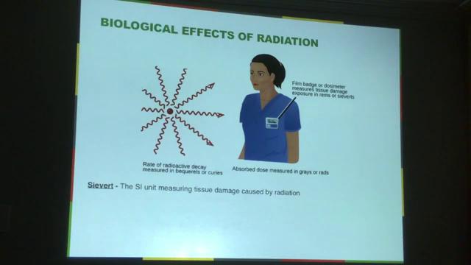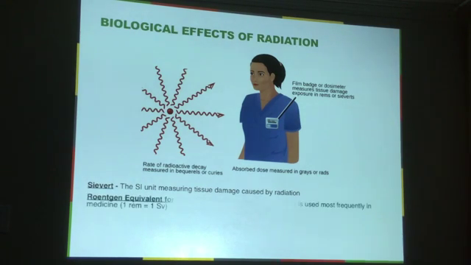Now, in terms of the damage that is caused, this is different depending on what tissue we're talking about. The Sievert is a measure of tissue damage, but there's a different amount of tissue damage depending on whether you're radiating muscle versus brain versus lung versus bone marrow, because each is more or less sensitive to the damage that occurs.